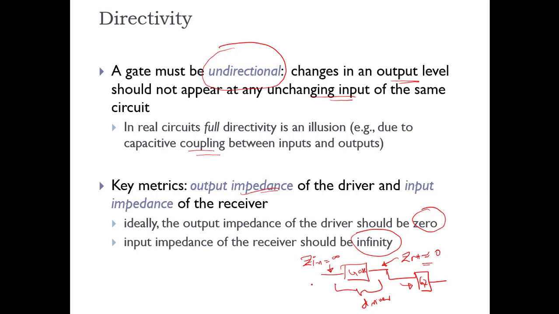Similarly, what is the advantage of infinite Z in? The advantage is it will not draw too much current from the driver.